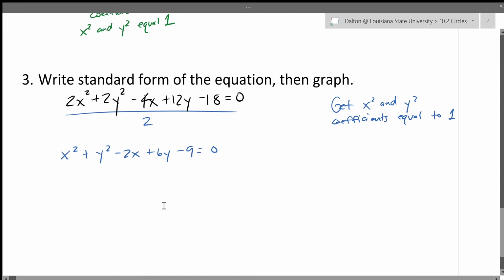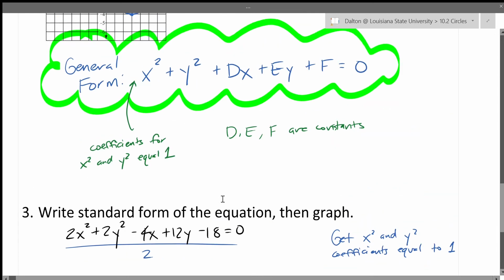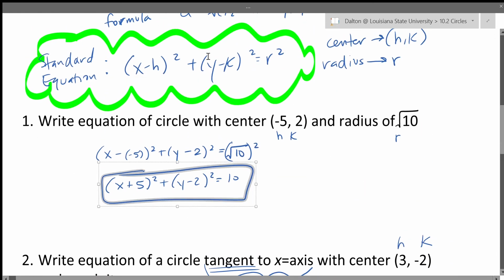And then what you want to do after you divide everything by 2 is group our x's and y's. Because in order for me to notice, I have lots of stuff going on the left side, nothing going on the right side for what I know is going to eventually be the radius. And notice that in the standard equation of a circle, which is what I'm trying to get it into, there are no just x and y terms.